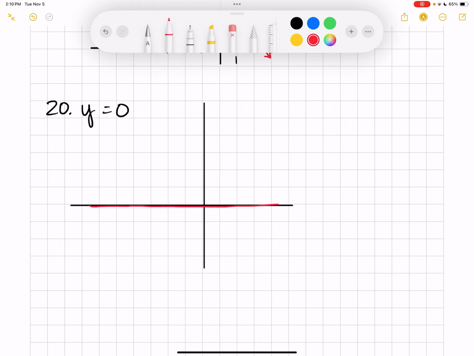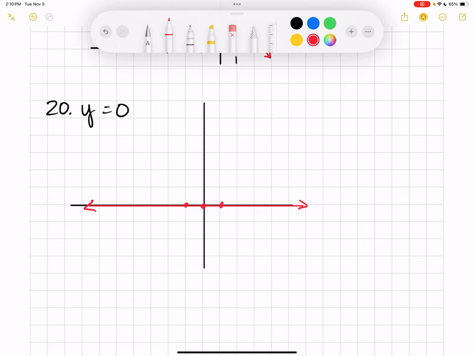This just happens to be on the axis itself, and that would be the equation at y equals 0. Do we have to put a dot in the middle or not? You can if you want, but I don't care. That's why I was saying these are the only ones you don't have to plot 3 points. I could still say you could plot 3 points, here's one and here's one, but you don't have to.